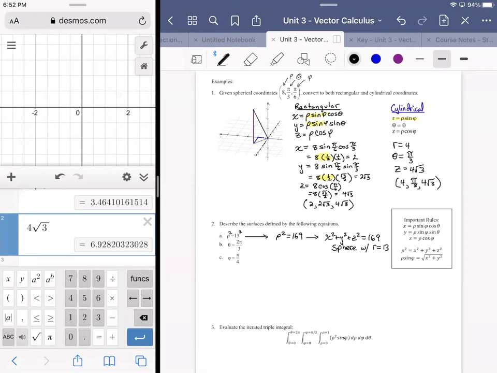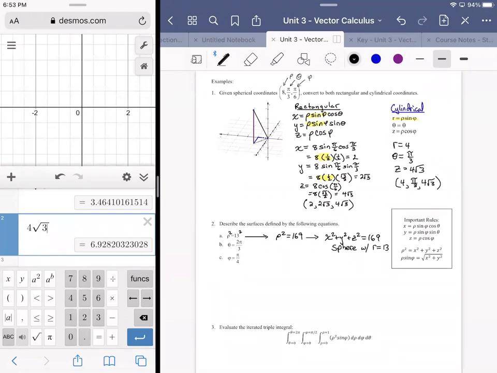All right. Now, part B, we have theta is equal to 2 pi over 3. Now you see these important rules. We've already used 3 of them. The one that's kind of looming large is the one that we haven't used yet, and that's the rho sine of phi. It doesn't seem to apply just yet.